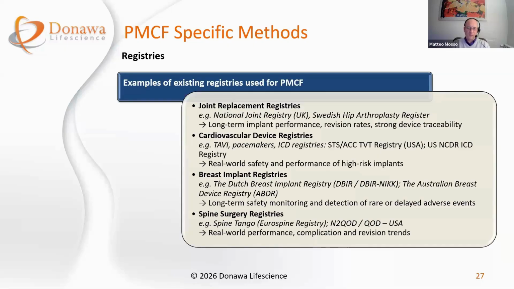So we can see that there are registries for prostheses, for joint prostheses, or for implantable cardiovascular devices. As Daniela also mentioned, there are also other types of registries for breast implants or other types of surgeries. So those are more or less the typical registries that we are referring to.